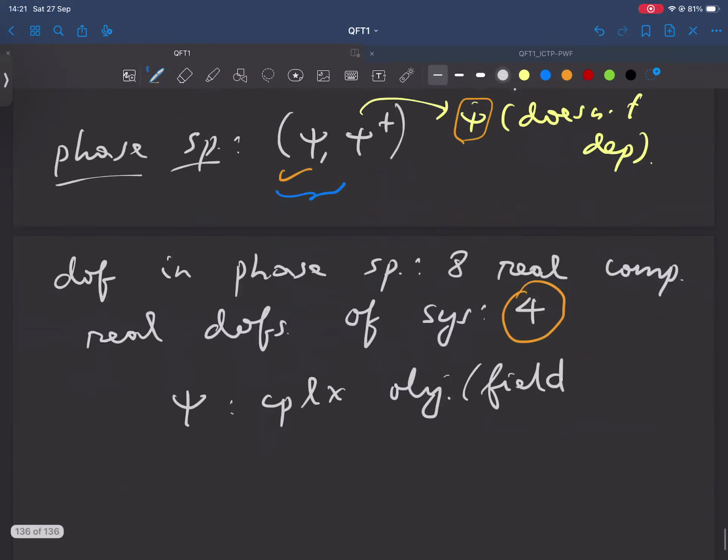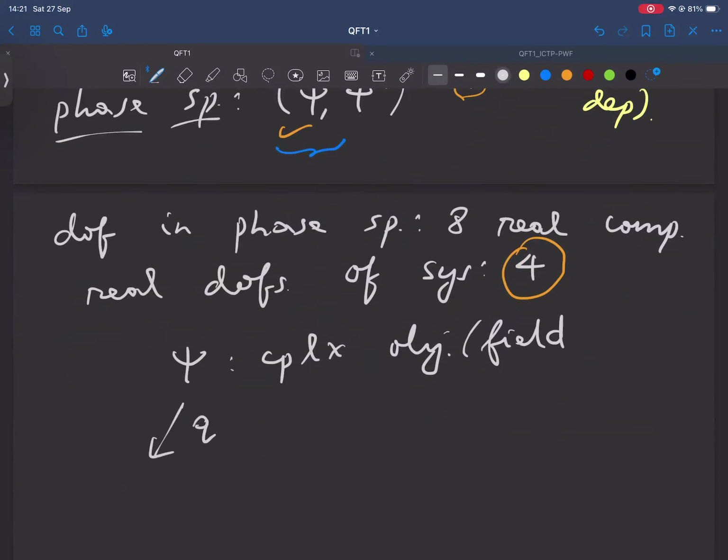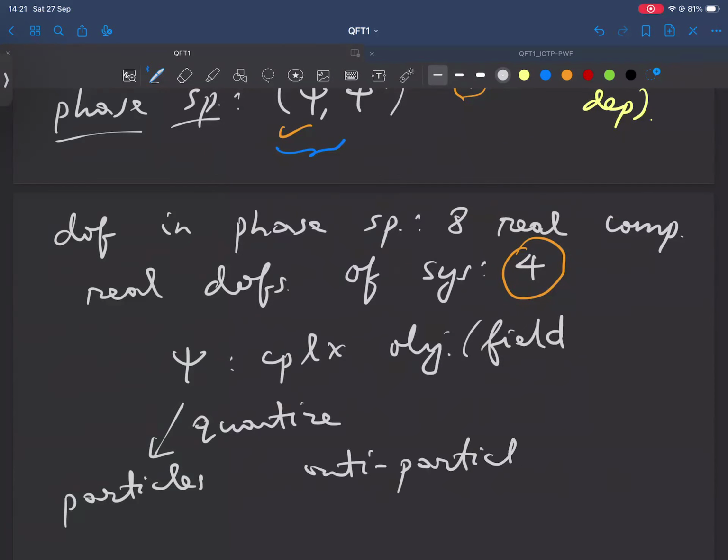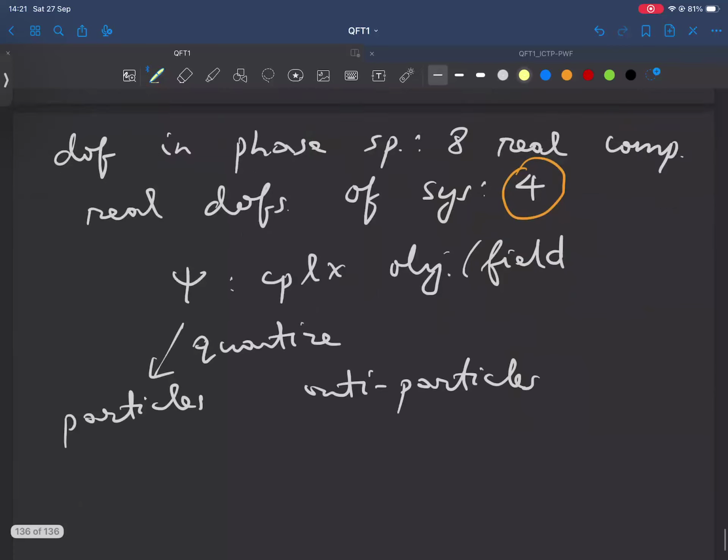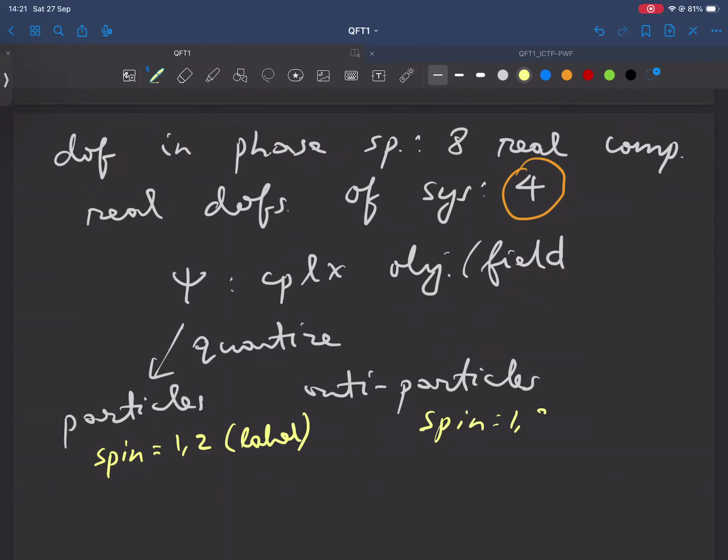So psi, when quantized, as we will see today, will give rise to particles and antiparticles, just like in the complex scalar field case. In both of these cases there will be something called a spin, spin 1 and 2. These are just labels. And similarly here, there will be spin 1 and 2. So in total, you have exactly 4 independent degrees of freedom for the system.